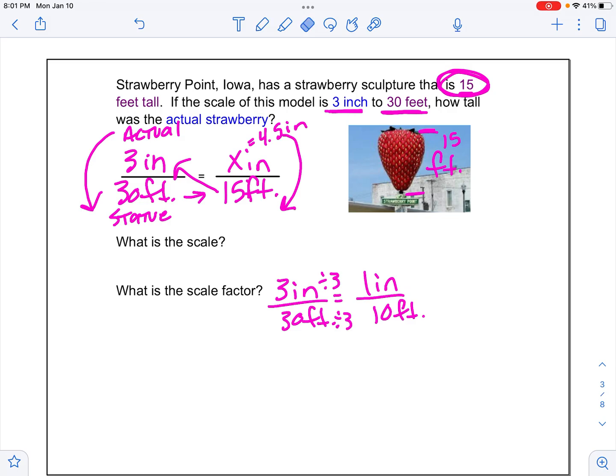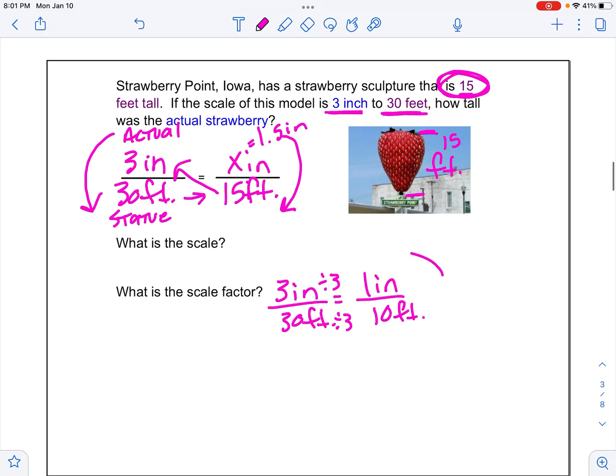It's 1.5. I didn't think that sounded right. So the actual strawberry is 1.5 inches. So the scale is basically taking it down to a unit, the way that it flows, and then you can use that information versus actual and statue.